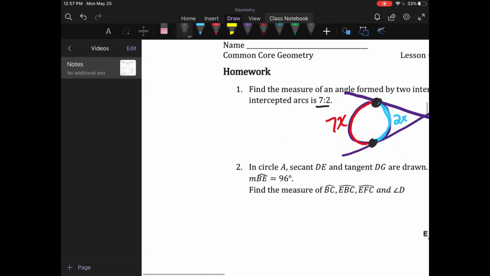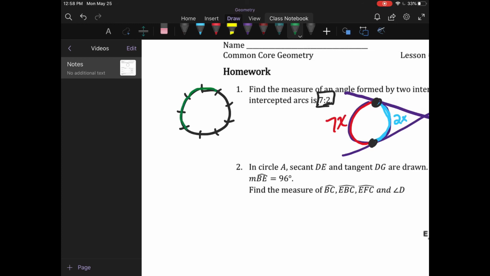One of the ways that you can think of that is if you had a circle and you cut it into 9 equal pieces, because like we did before with the ratios, if you add the 2 pieces together, that's going to tell you how many equal parts you have. So if you had 9 equal pieces, okay, like that, then 7 of them are going to be for the big arc and 2 of them are going to be for the small arc.